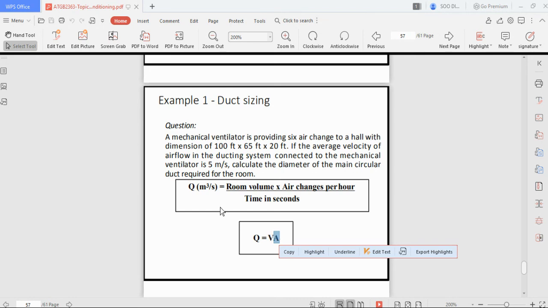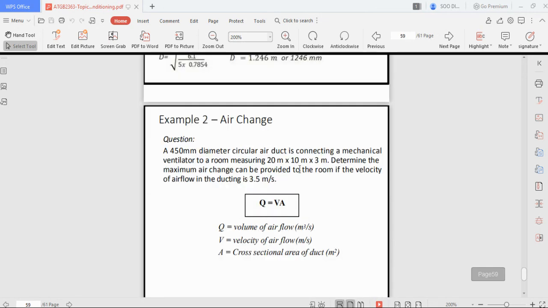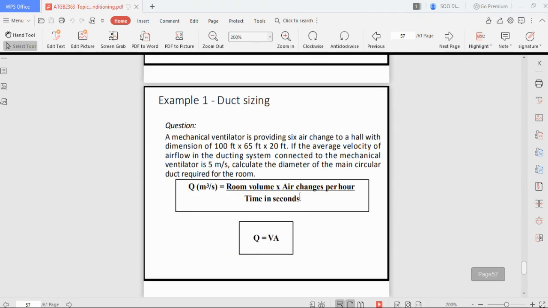You know that Q and this Q is the same, so you can basically take both Q out and put a VA over here. Either that, or like example 2, is asking you to find the maximum air change, so air change will be here.